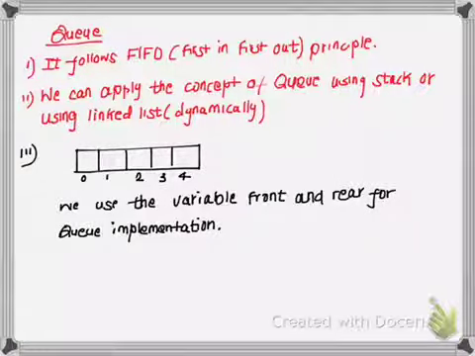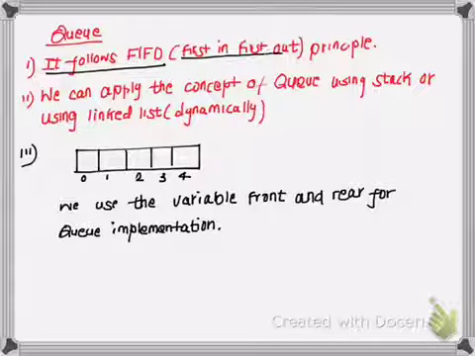Actually, queue follows the FIFO principle, which means first in, first out. In the course of inserting and deleting data, the data which we have inserted first will be deleted first. And here we are not talking about the priority queue, just a normal queue.